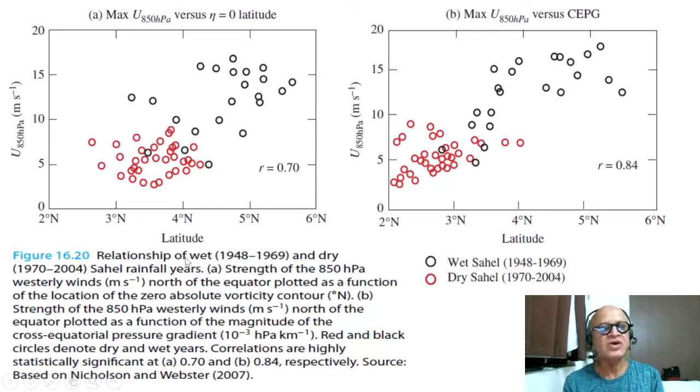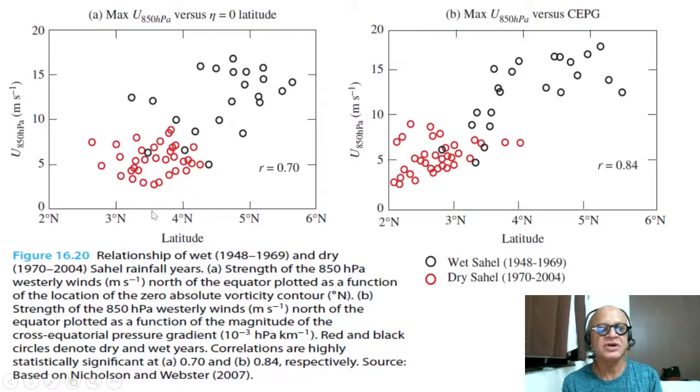The relation on interannual timescales is shown here in terms of maximum 850 hectopascal zonal winds versus the latitude of absolute vorticity being 0. That relation is pretty high.